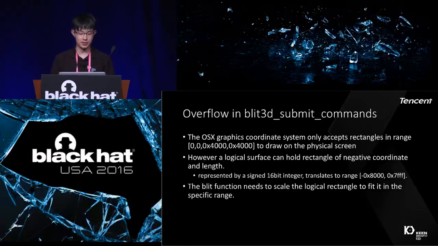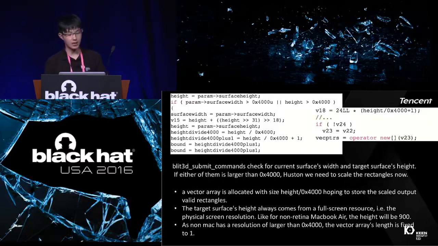So the blit function needs to scale this logical rectangle to fit in the special range, or the GPU will not be happy with this rectangle. So now let's dive into the disassembly and the decompiled code of this blit 3D submit commands.